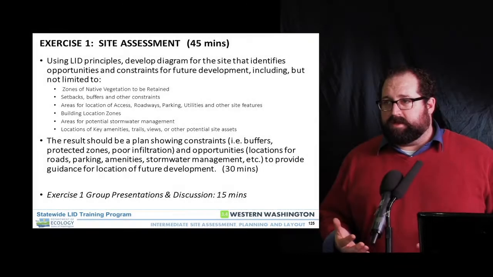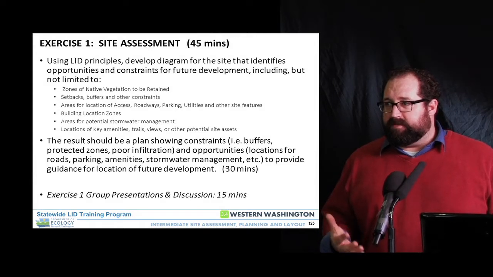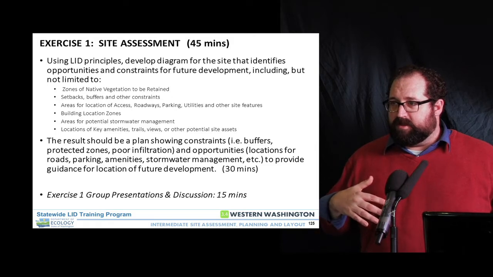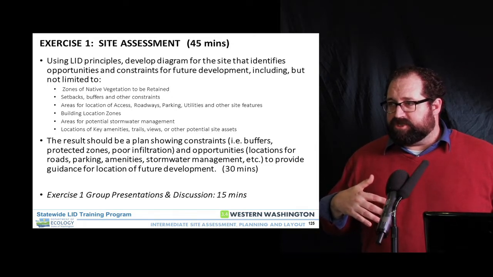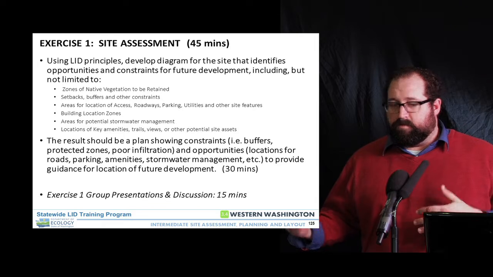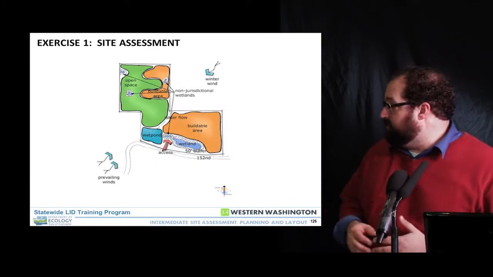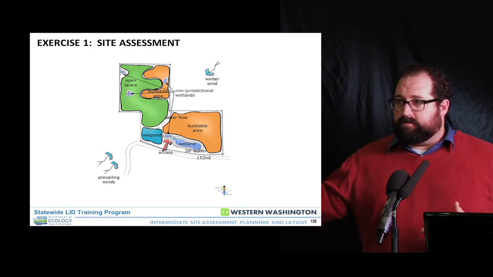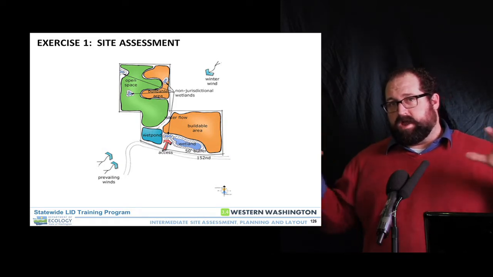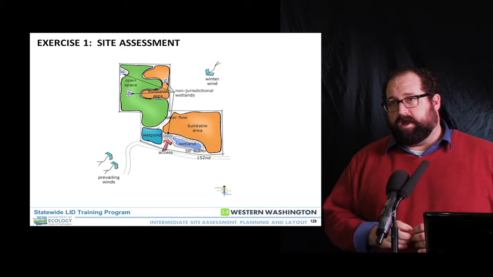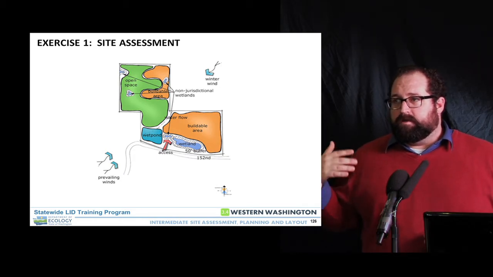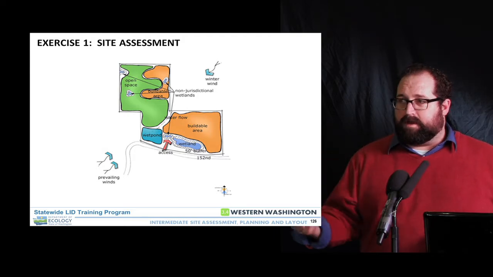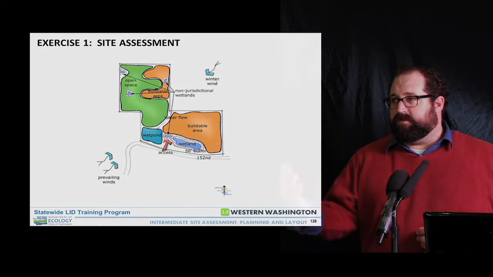What we're going to do is a really schematic plan that starts to lay out buildable area versus areas of native vegetation and potential areas for stormwater management. It starts to look a little bit like this diagram. It's diagrammatic. You start to map out large areas of buildable and unbuildable area, and you start to incorporate the site characteristics: topography, existing trees, wetlands.